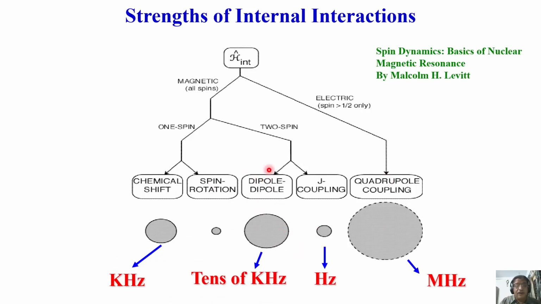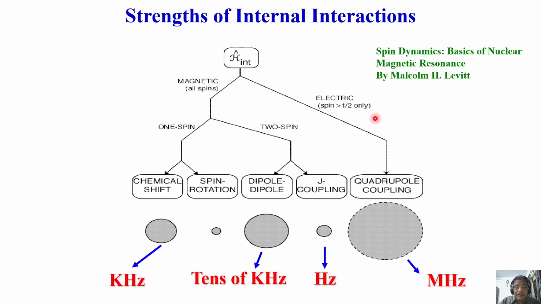It can go 10, 20, 30, 40 kilohertz, depending upon the orientation and the ordering. And chemical shift is of the order of a few kilohertz, 5 to 10 kilohertz, depending upon the type of nuclei. Or it can be very large. If you go to some exotic nuclei like cobalt and others, you can have about 50, 60 kilohertz, much more. Okay, so this gives you a rough idea about the strengths of different types of interaction.